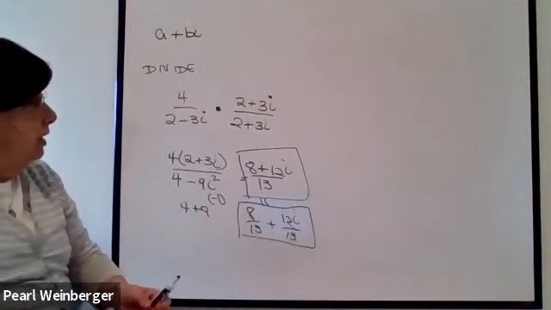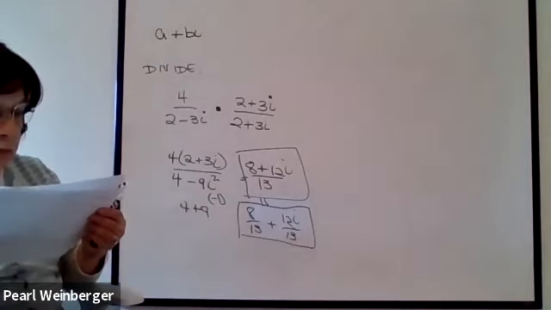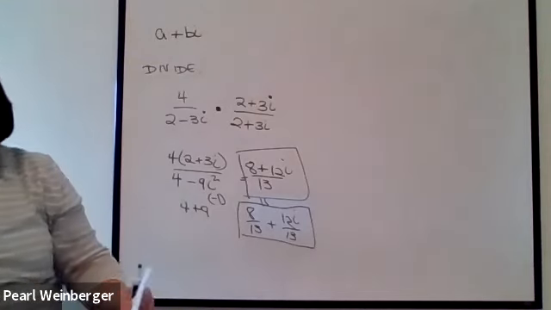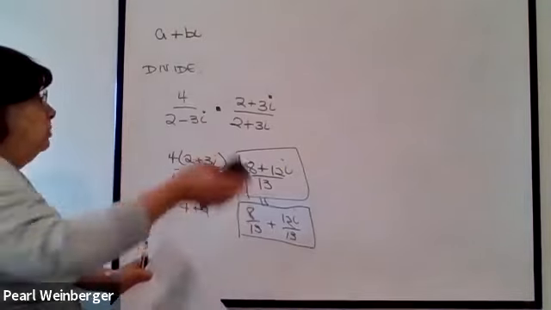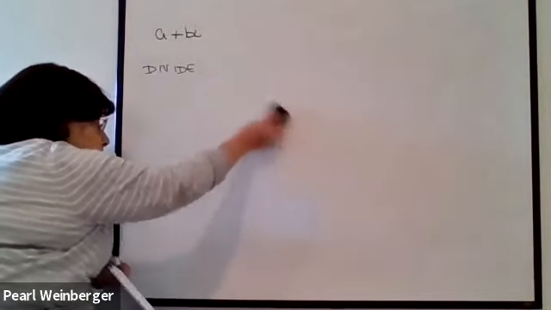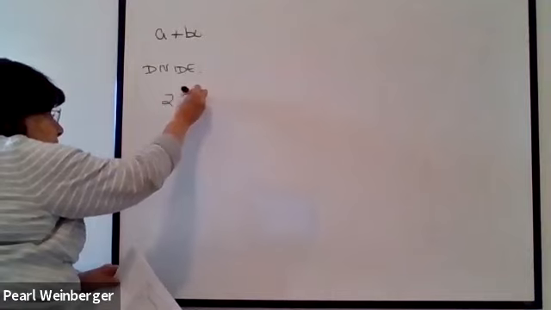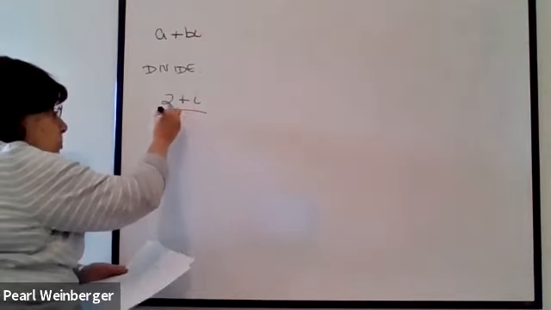Okay, here's one to try. Suppose I gave you 2 plus i over 2 minus i.